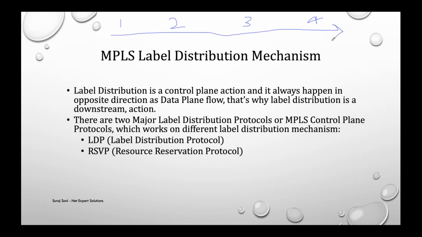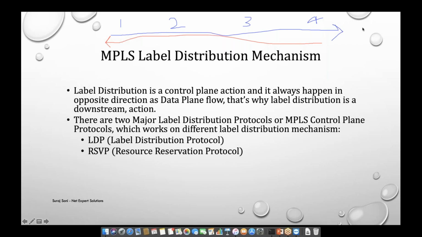My traffic is going in this direction, 1 to 4. So my control plane flow will be in the opposite direction. So control plane will be 4 to 1. Data plane is 1 to 4 and control plane will be 4 to 1. So it will always be in the opposite direction.